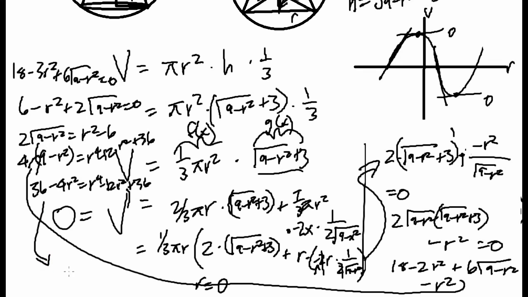We move everything to the right side, so r to the fourth minus 8r squared, and 36 cancels out spontaneously. That was totally not on purpose. Equals 0, and then factor out r squared, so r squared minus 8 equals 0, and then you get r equals plus or minus 2 root 2.